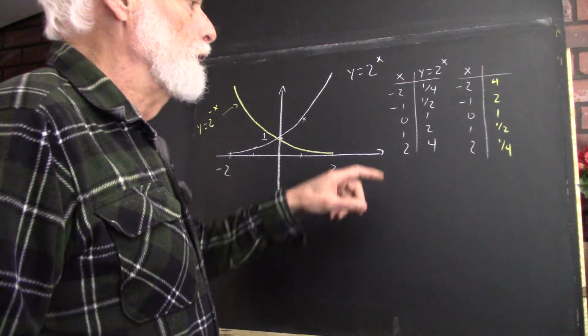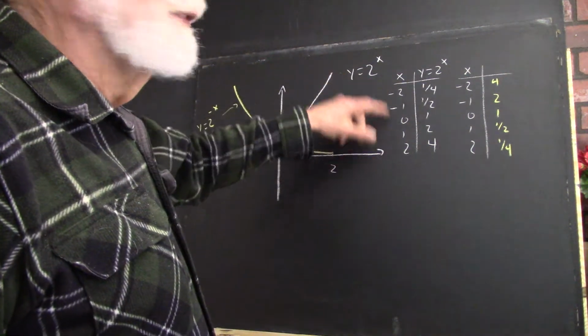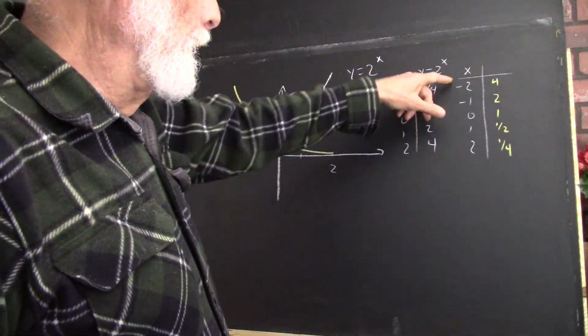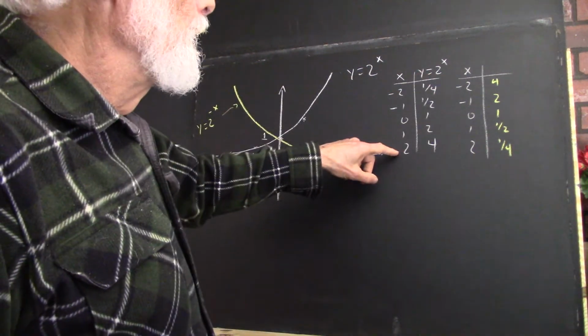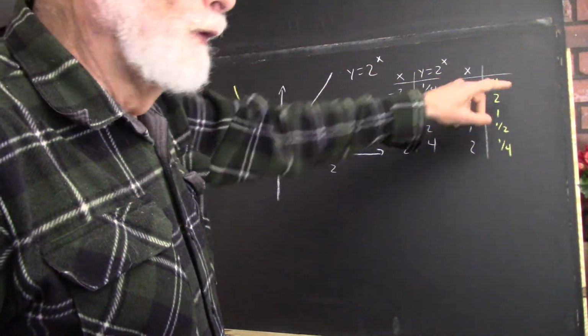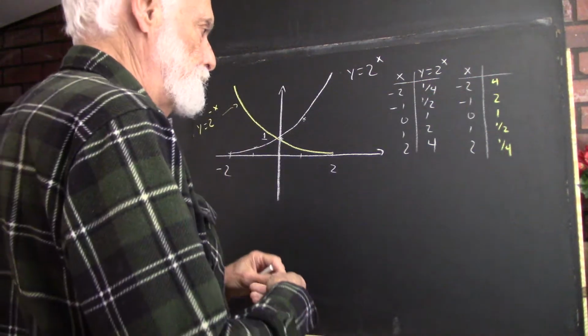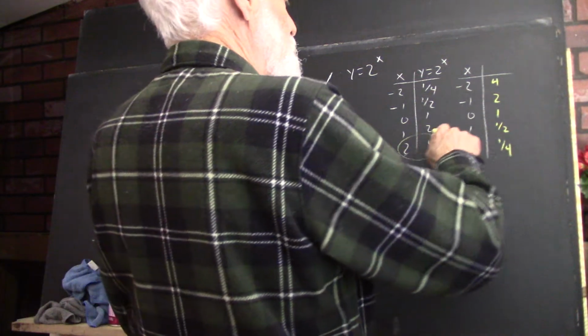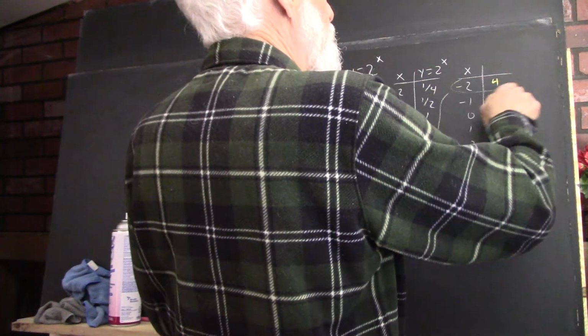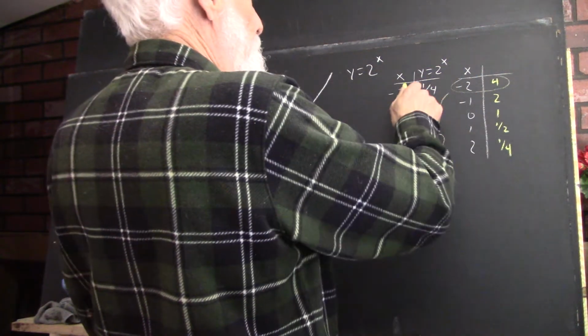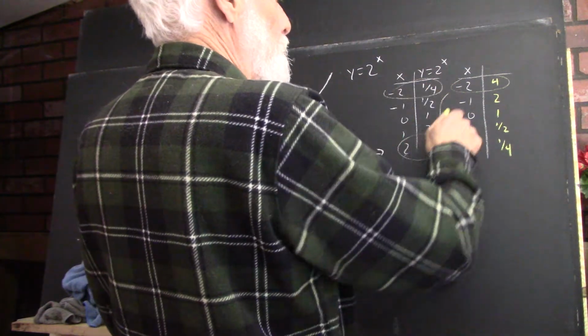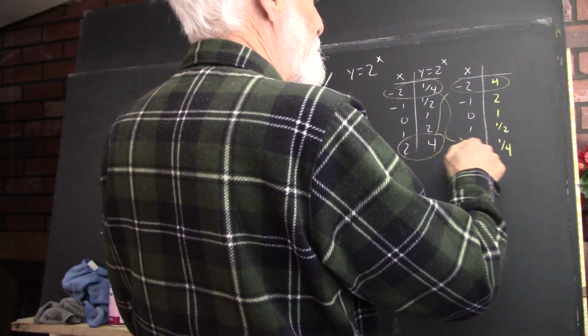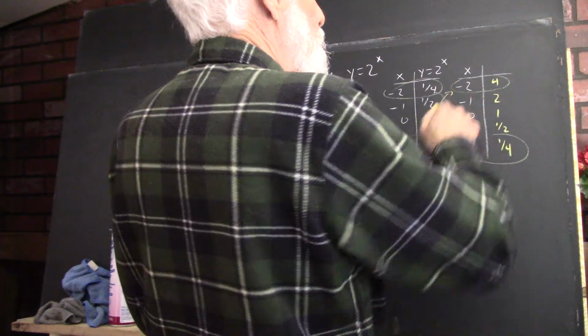Well, what we've actually done is we put these numbers as well in the opposite order, even though they look the same. It's like the 2, 4 becomes -2, 4, and -2, 1/4 becomes 2, 1/4.